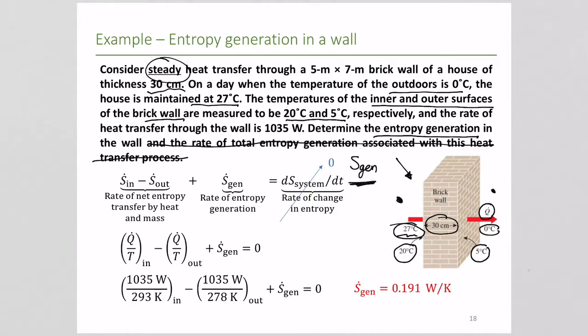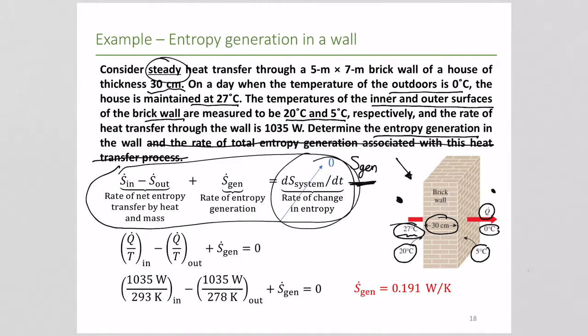And so this was the rate form of the entropy balance, right? Since it's steady, this term here goes to 0. Therefore, we are only left with the entropy getting in minus the entropy getting out plus the entropy generated should be equal to 0.